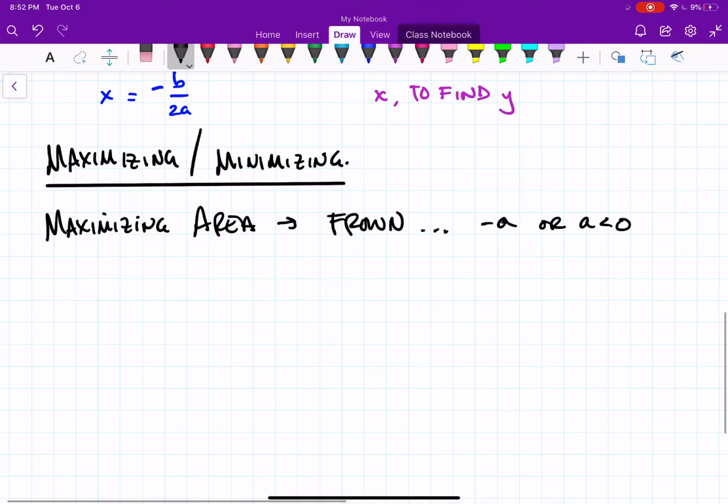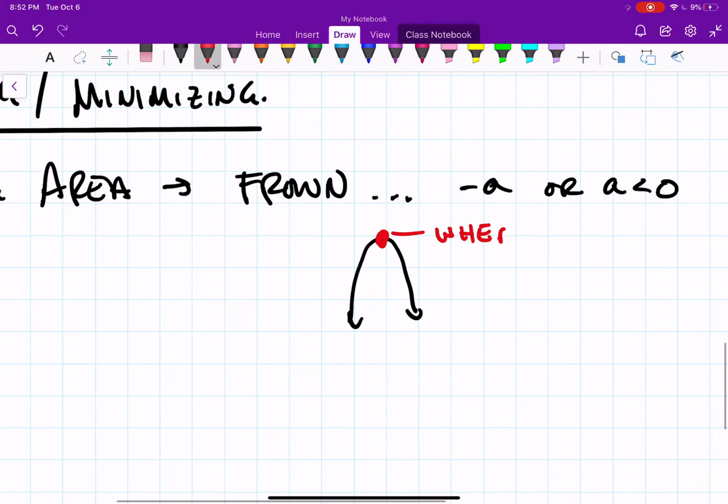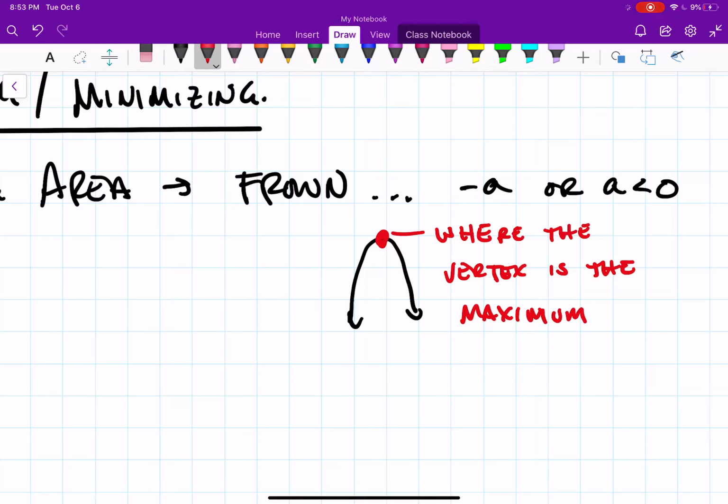Because with the frown, this point right here is where the vertex is the maximum. Okay.